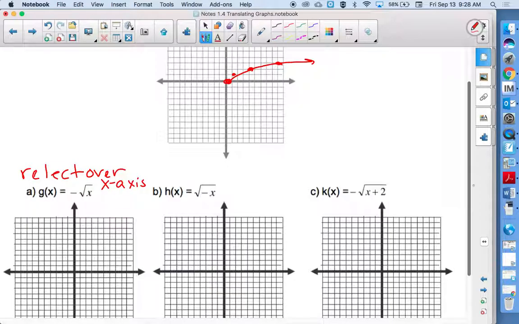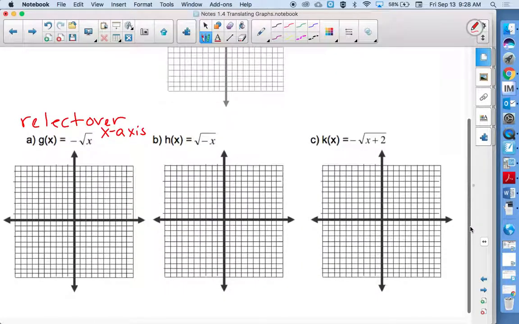And that's because you're taking the answer and making it negative. Your answer is y. So I'm now making all of the y values negative. The negative is outside of the square root. So if I had the square root of 1, now it's negative 1 because of the negative. The square root of 4 is usually 2, but the negative is making it negative 2.